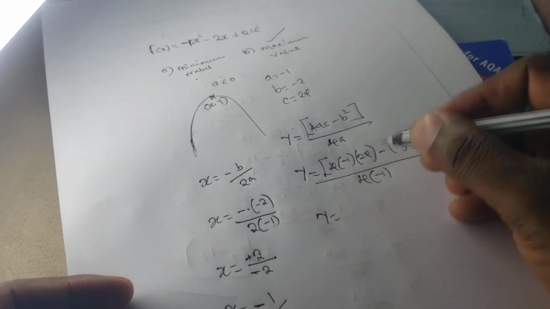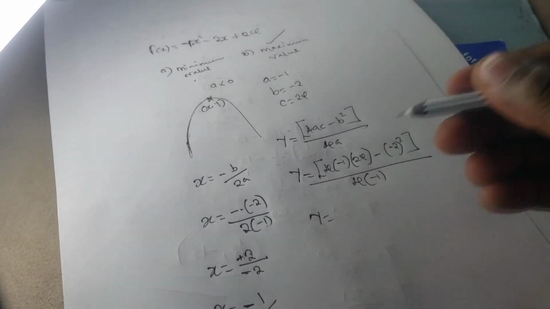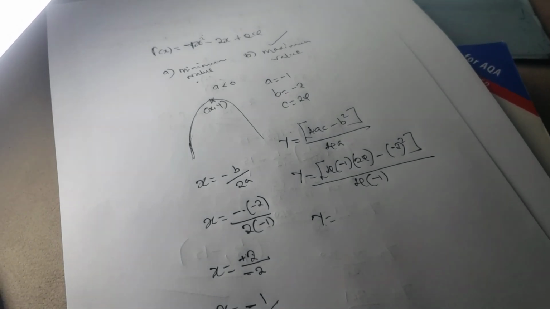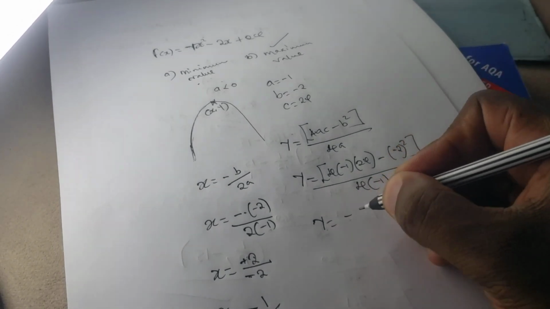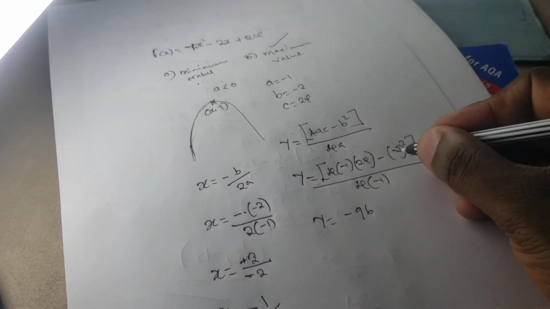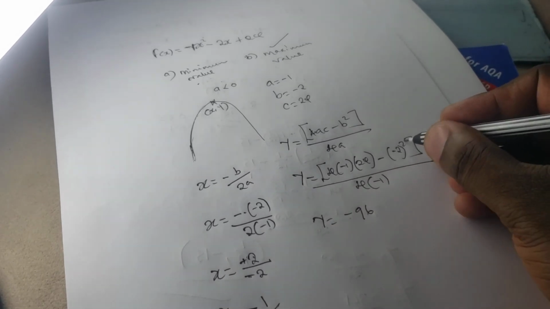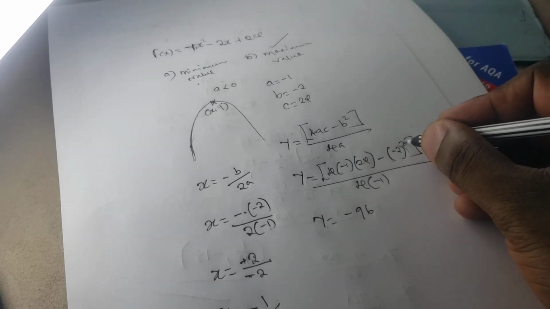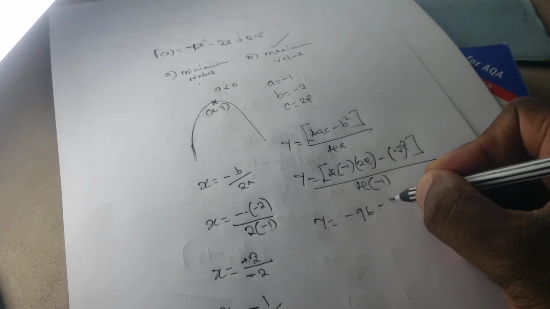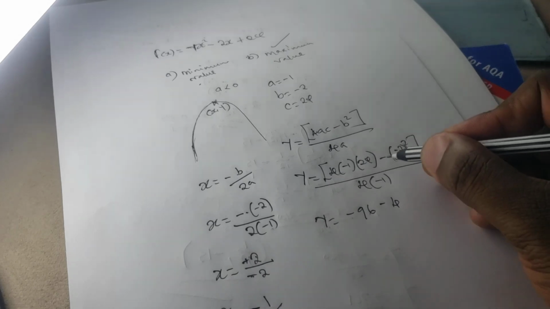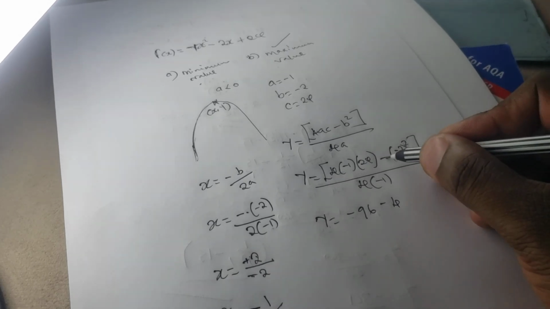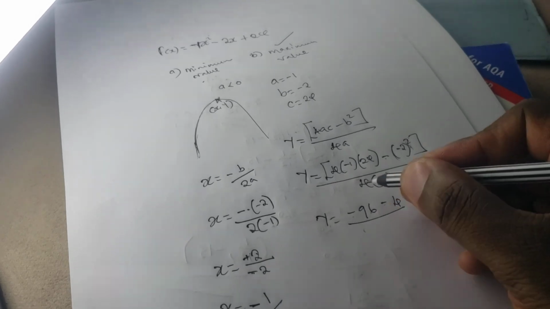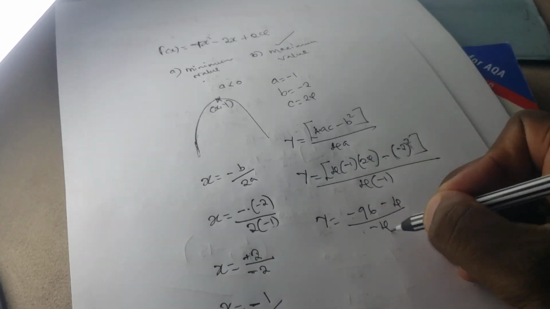So our y is equal to 4 times negative 1 is negative 4. Now negative 4 times 24, we get negative 96. Then negative 2 squared is positive 4. As long as it's in brackets, this will give us positive 4. So we say minus 4. Why minus? Since it will give us positive 4, negative times positive 4 is negative 4. Over 4 times negative 1 is negative 4.